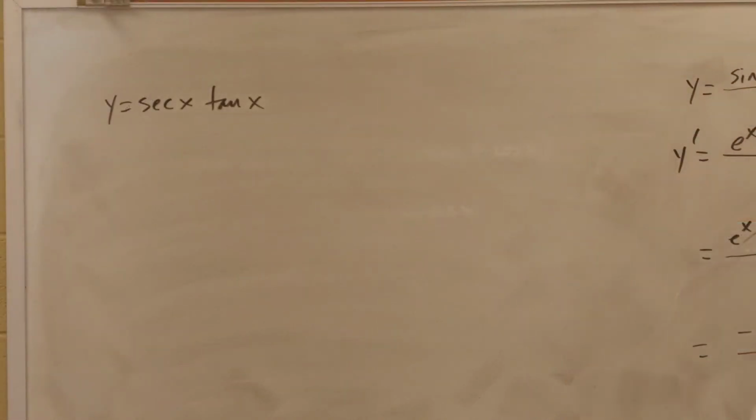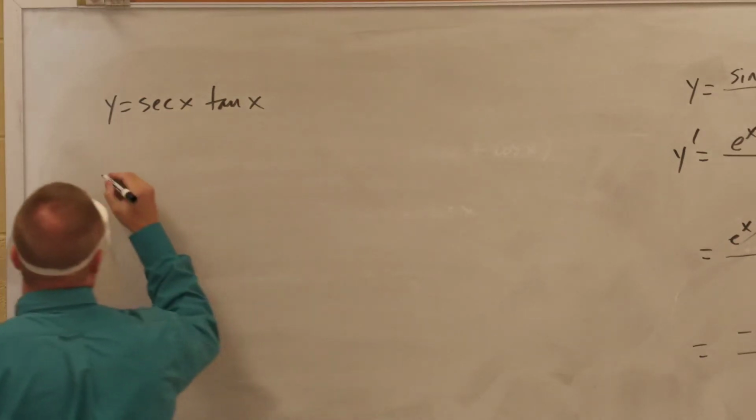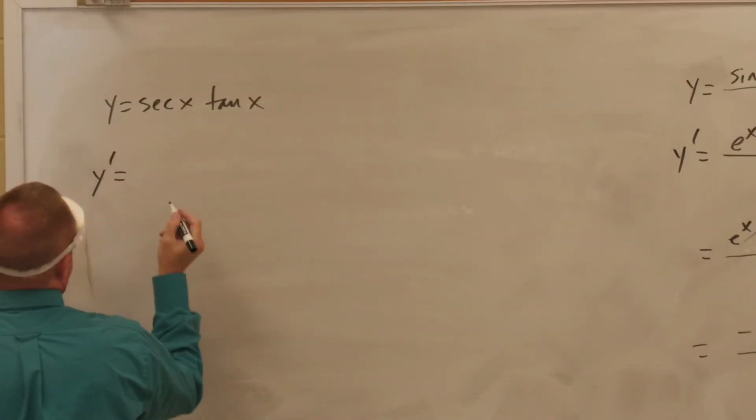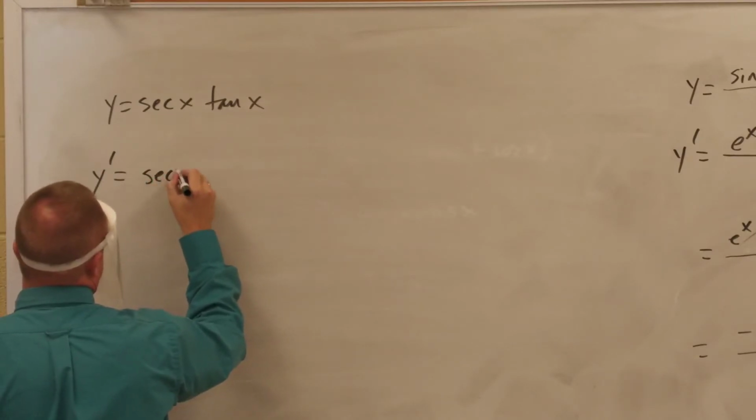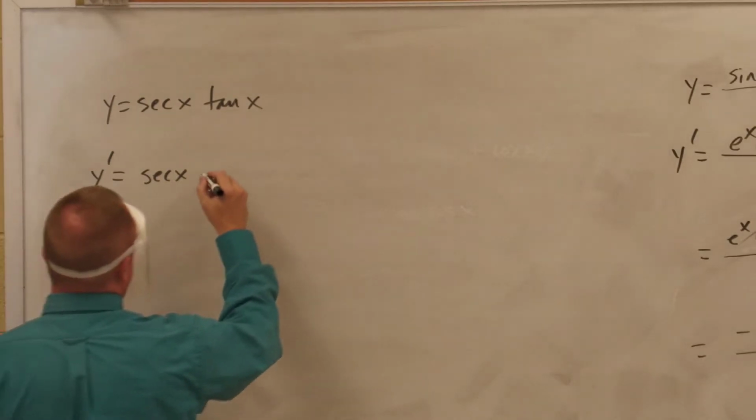All right, so I have a product, so I've got to use the product rule. So y prime equals first times the derivative of the second. So secant x times, what is the derivative of a tangent? If you forgot it already, secant squared.